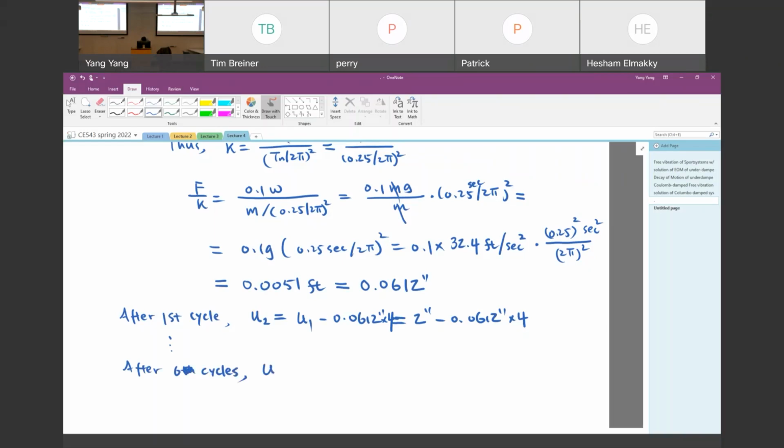the displacement should be U7. Right? That's equal to 4 inches minus 6 differences.